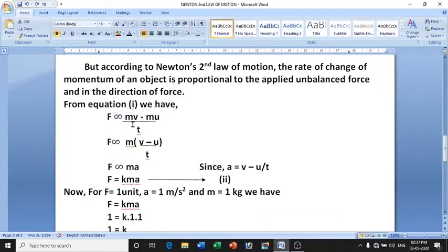This is the proportional symbol. If we solve this, m you can take common. Taking m common from both, we have m into v minus u by t. Again, v minus u by t equals what? Rate of change of velocity. A equals rate of change of velocity. So in place of v minus u by t, we just put a, acceleration.